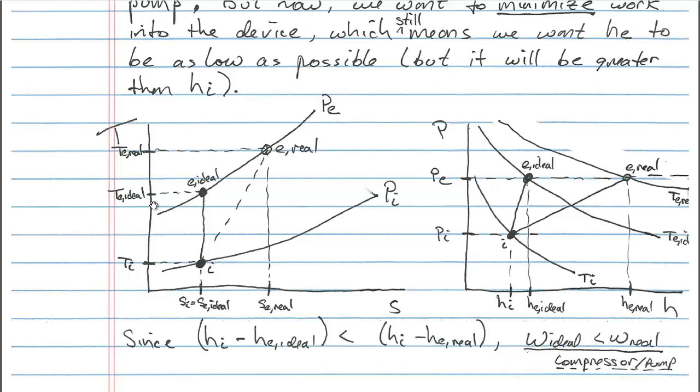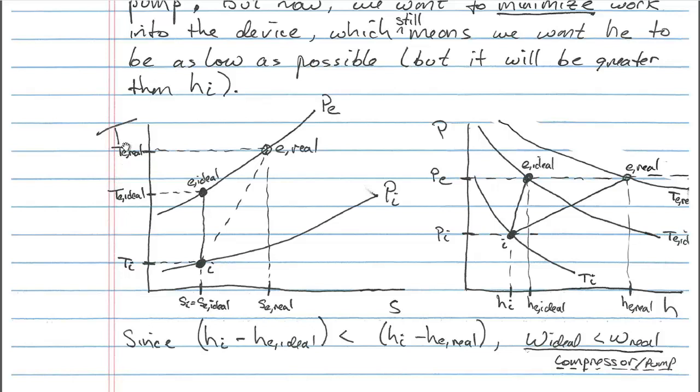And that, of course, dictates our ideal exit temperature. So what the TS diagram tells us is that in the case of the ideal process, the ideal exit temperature will be less than the real exit temperature.